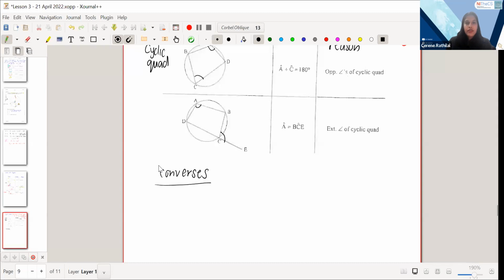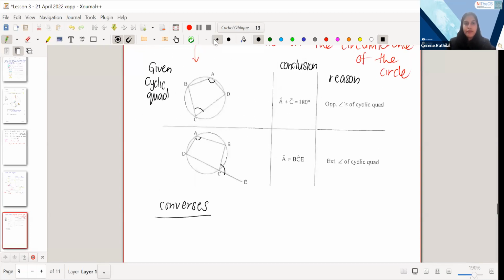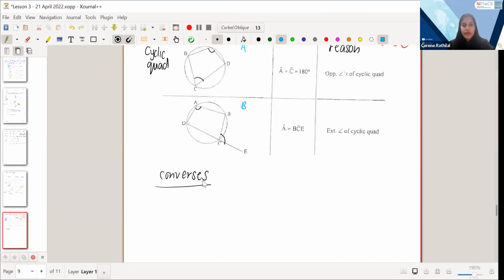Right, so let's call this A and let's call this B. We're now going to look at the converse of A. So if we look at the converse of A, what is that going to state? Let's just say we're given some quadrilateral. Okay, it clearly was not drawn perfectly. Nonetheless, this is a quadrilateral.